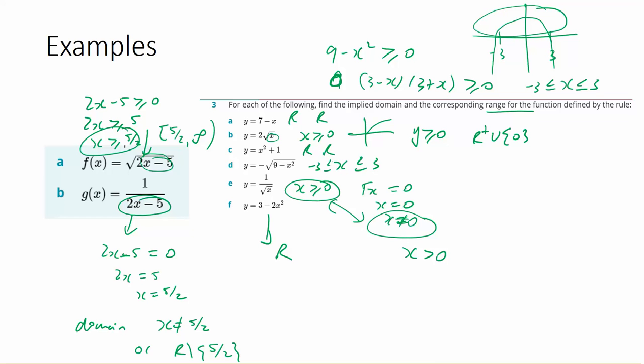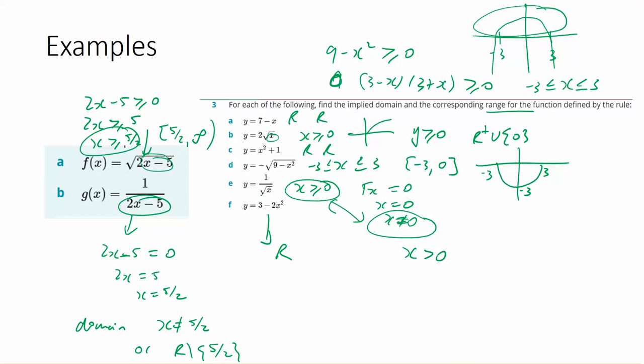The range for this would be, well, this is actually the bottom half of a semicircle. I already know what it looks like. It's going to look like this, and there'll be -3, and 3. So the range would be between -3 and 0. Okay, that'll be the range.